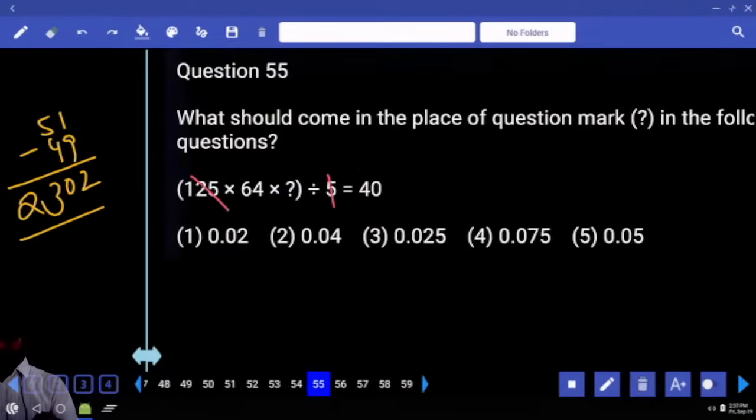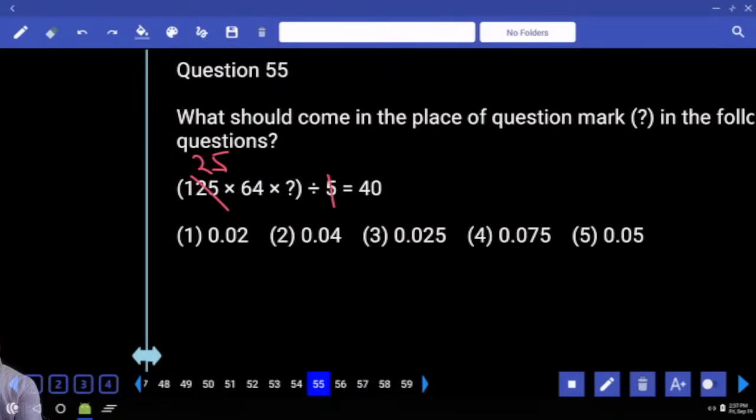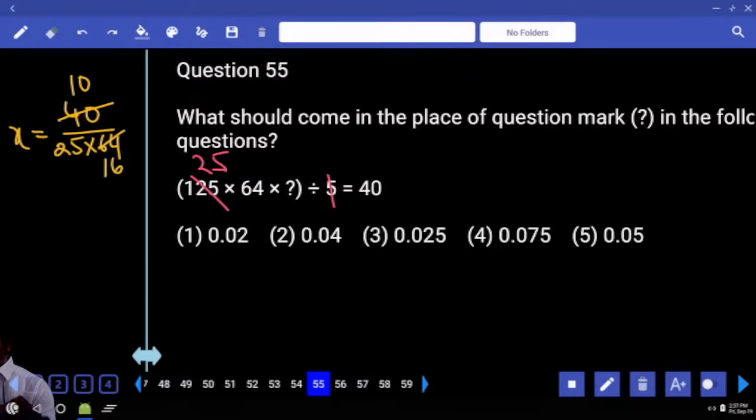5 cancellation. 20, x is on the left hand side, keep it as it is. On the right hand side we have 40, and the left hand side numbers go to the right hand side, denominator 25 into 64. 4, come on, 16 times, correct? 25 into 16: 4 25s will give you 100, 16 25s will give you 400 only.